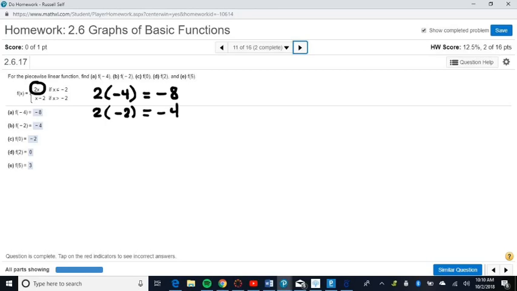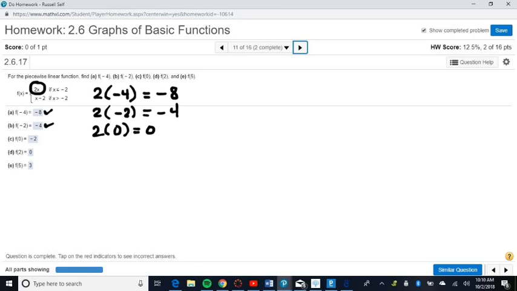Again, your calculator can do that. Make sure you utilize that calculator a lot because they may give you some fractions here. You see it matches what they give us as our answers. We already have our answers down here, so we can make sure that I do it right. Then f of 0 is the next one, 2 times 0, which gives you 0.